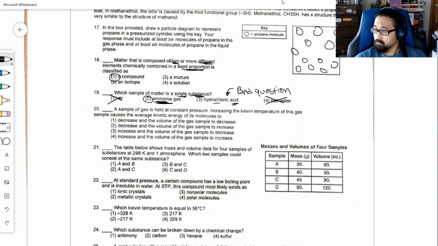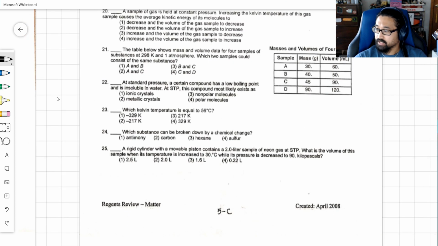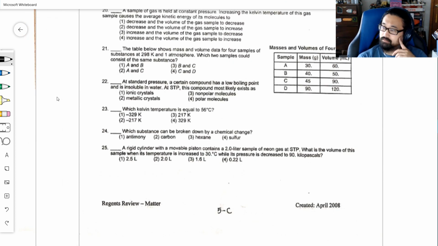All right. The final 2 questions that I asked you to do were question 23. What Kelvin temperature is equal to 56 degrees Celsius? So if I'm looking at 56 degrees Celsius, then I know that Kelvin is Celsius. Wait, I gotta go backwards. Kelvin is Celsius minus 273.